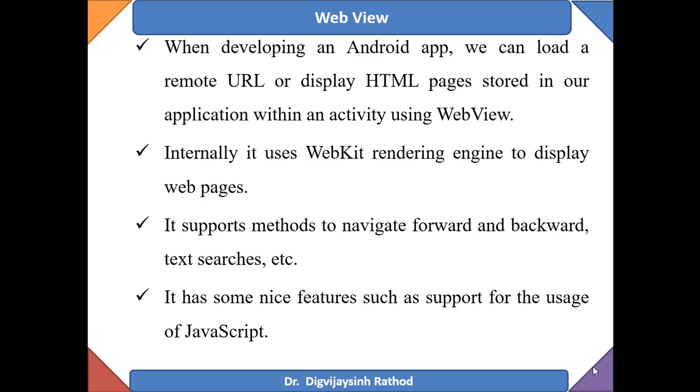That is called the WebView. Internally it uses the WebKit rendering engine to display web pages inside your activity, and it supports methods to navigate forward and backward, and text searches. It also has nice features such as support for the use of JavaScript.